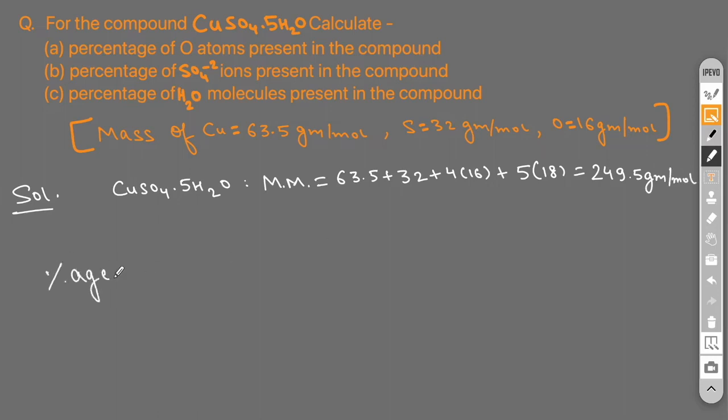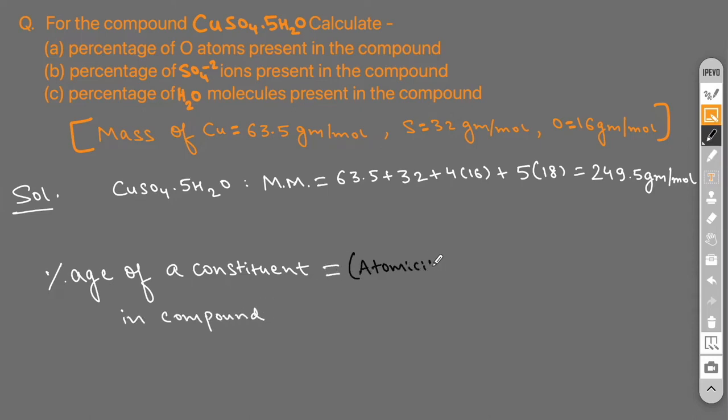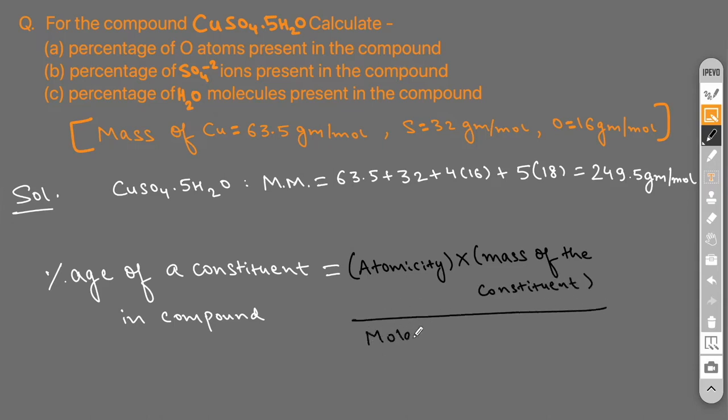Also we'll write: the percentage of a constituent in a compound is equal to atomicity multiplied by the mass of the constituent, divided by the molecular mass, or molar mass, of the compound, multiplied by 100. Right, this is the formula.